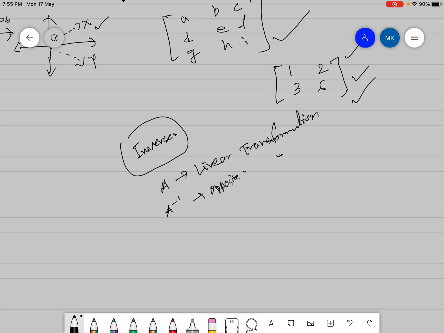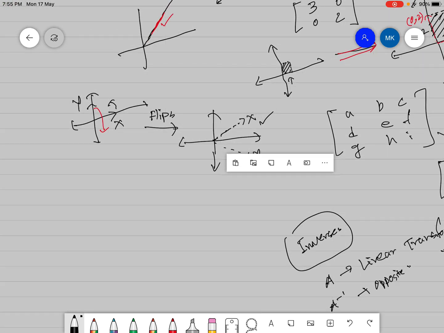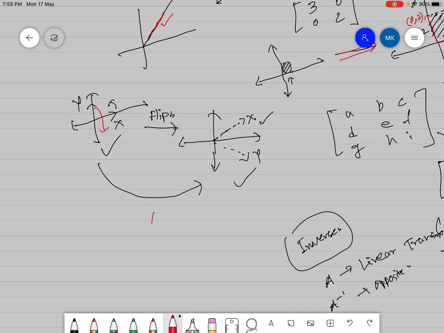It takes the space back to its previous form. So let's say you have gone from this space to this space by a matrix A. By A inverse, you can actually go back to your previous space. This is what inverse matrices are for.